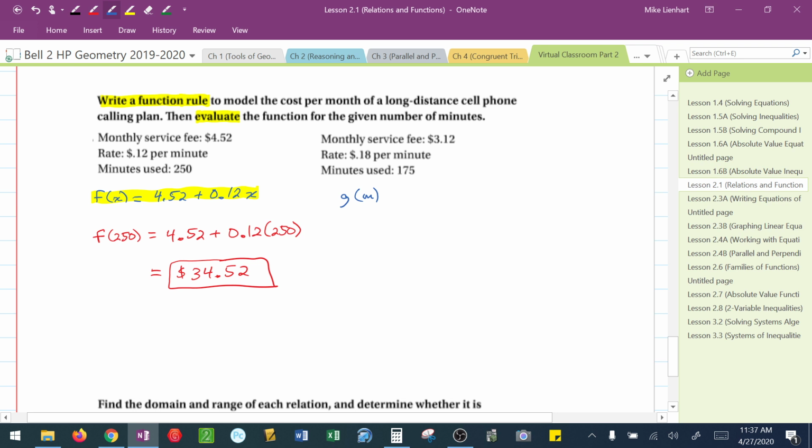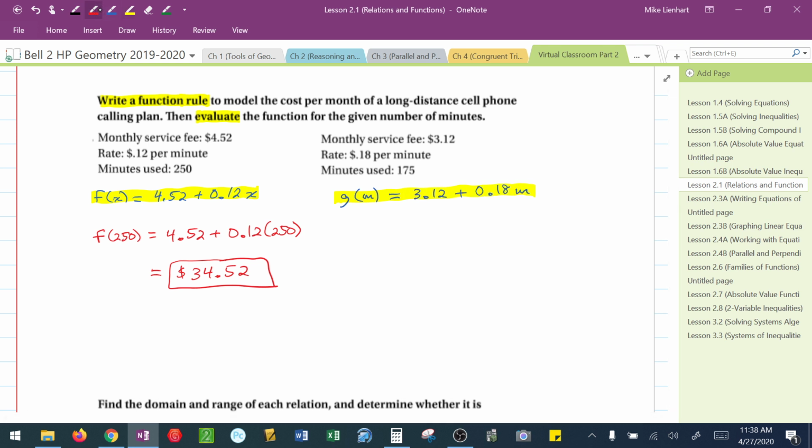So G of M in this case is going to be a monthly service fee of $3.12, and I'm going to add to that 18 cents per minute. It's still kind of the same thing that we did before. I just used M and G instead.